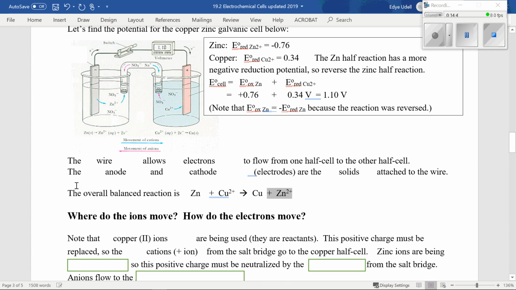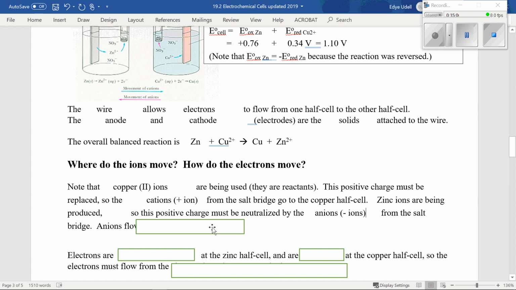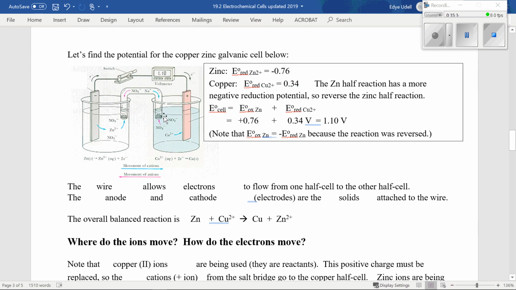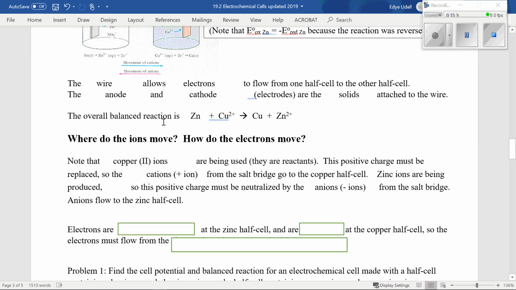In order to neutralize that positive charge, we need to send negative ions. So anions, recall that these are the negative ions. So the anions flow to the zinc half cell in this particular voltaic cell.